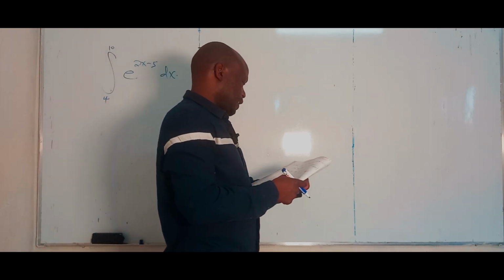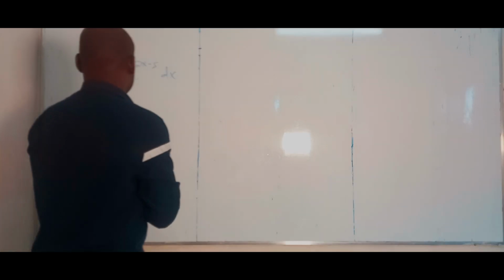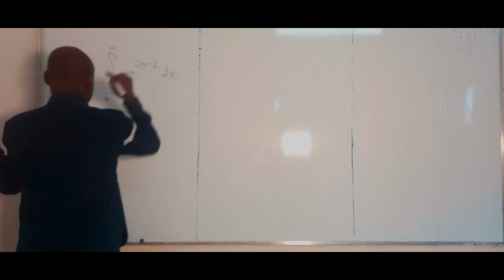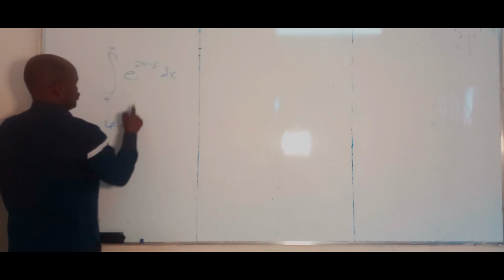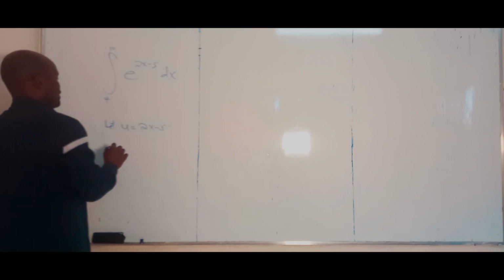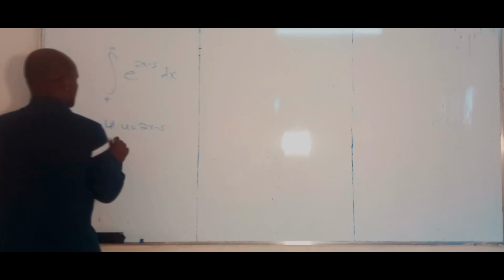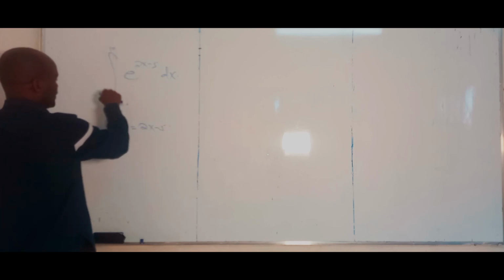And the question has asked us to find the exact value of that particular integral. So again here, first we start by saying let u be 2x minus 5. And the limits will just remain the same way we had them.